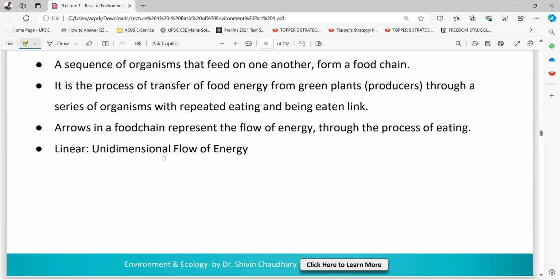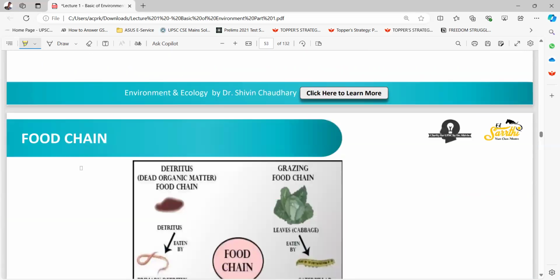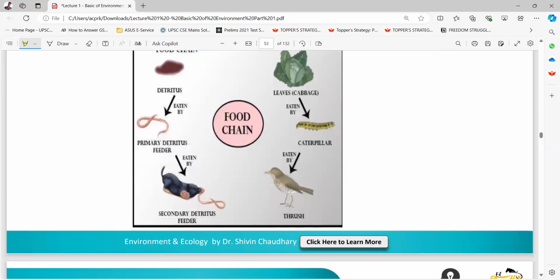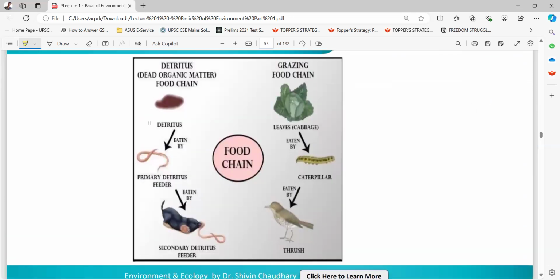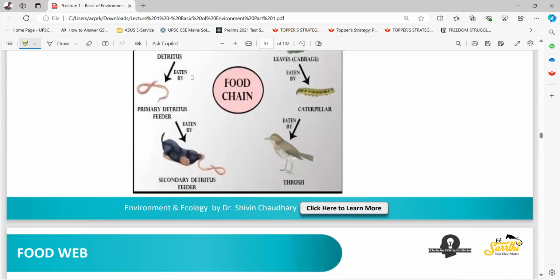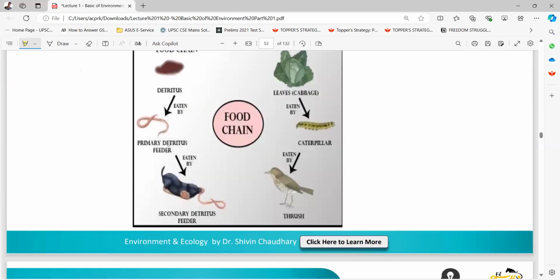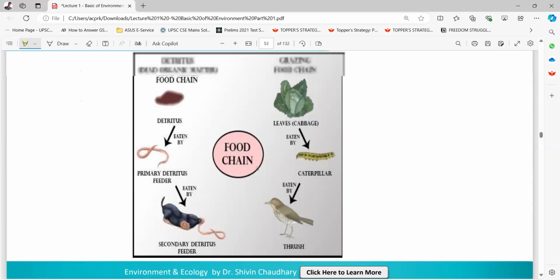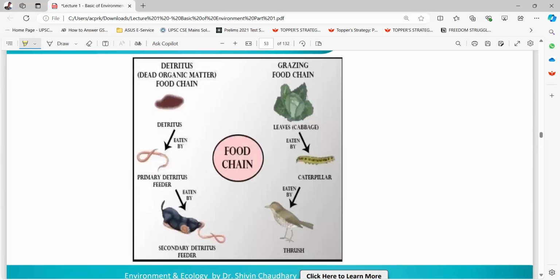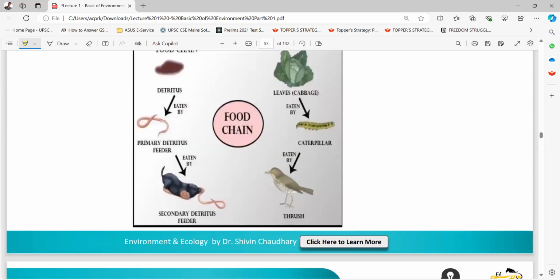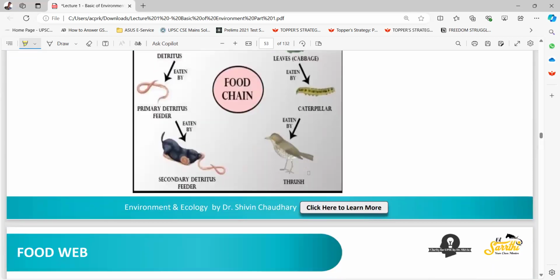It is a linear, unidimensional flow of energy. Detritus food chain: dead organic matter, detritus, eaten by primary detritus feeder, eaten by secondary detritus feeder. Grazing food chain: leaves, cabbage, eaten by caterpillar, eaten by thrush.